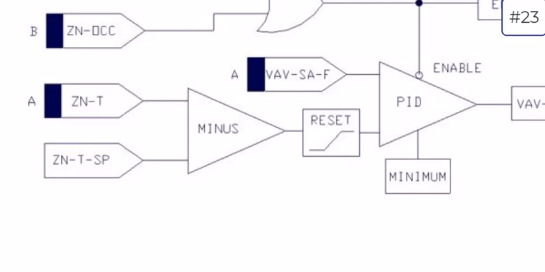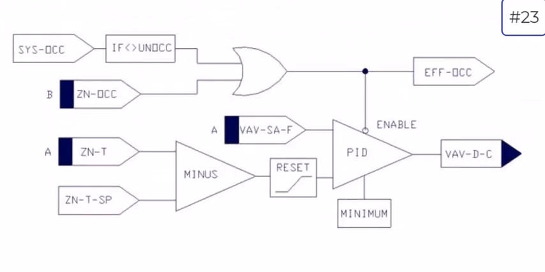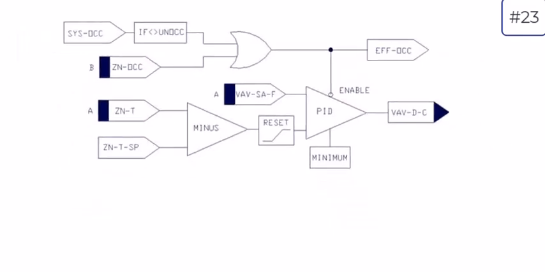So all that means is the amount of airflow that your VAV box is going to try to bring in from a heating and cooling standpoint is going to be tied to how far off from your zone temperature set point you are. If it's getting way overheated, you're going to bring in more air, assuming that that air is conditioned and can cool down the space.